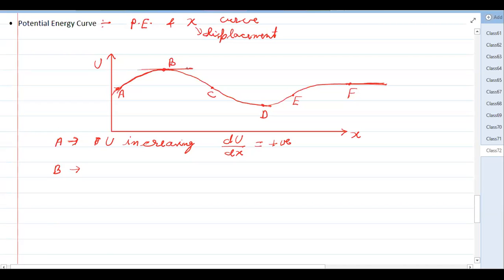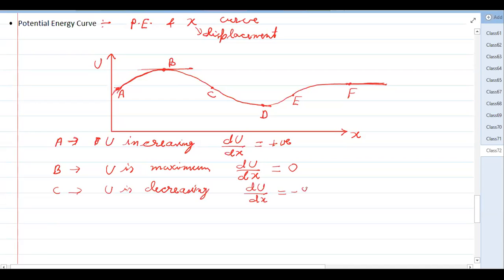At point B, B is the maxima point. At maxima, what is the slope? U is maximum, so the slope at this point is 0. The dU by dx is 0. Then at point C, U is decreasing, so dU by dx is negative. At point D, U is minimum, so dU by dx is again 0.